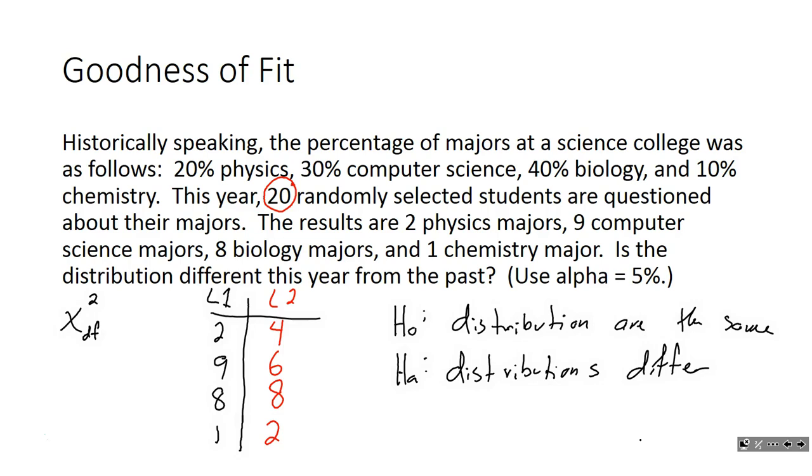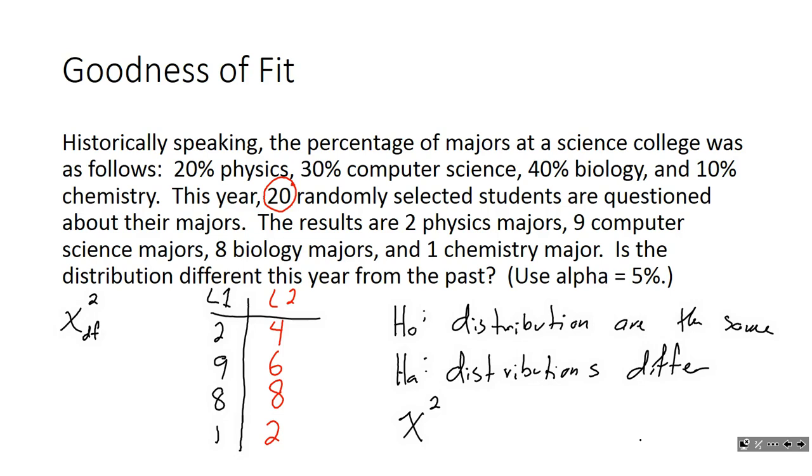Let's see. There's one more thing I have to tell you. For this particular chi-squared test, here's how you get degrees of freedom, and the calculator will ask you for this number. So unlike some of the things we've done before, we didn't even have to worry about what the degrees of freedom were. We got it as our output. But here it has to be inputted. So what you do is you look at the number of categories. They'd be the number of rows in this table: physics, computer science, biology, chemistry.